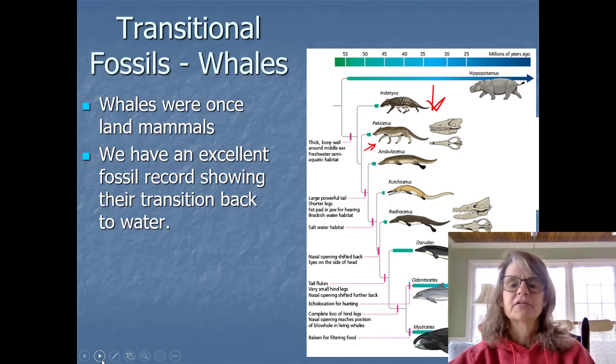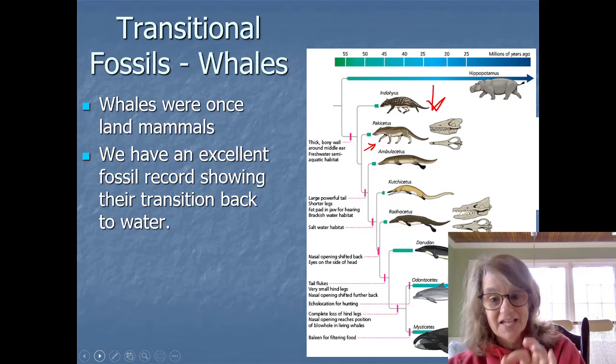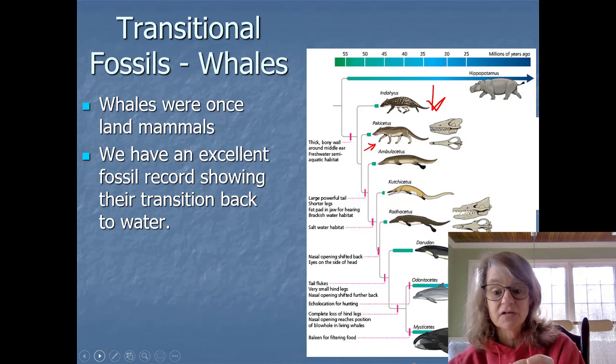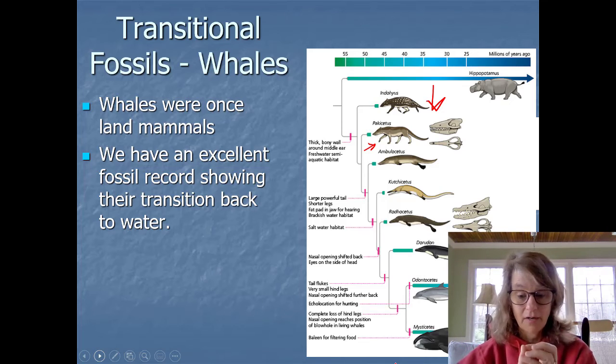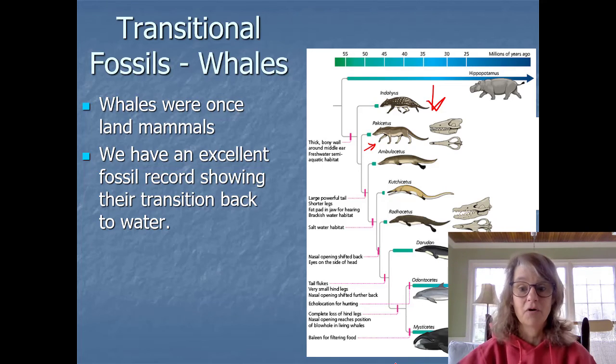And this animal is related to this. But what I want you to see is that slowly over time, and we have the fossils that show us exactly how this transition happened, this dog-like animal slowly became adapted over many millions of years to live in water. And today our modern whales came from that origin.